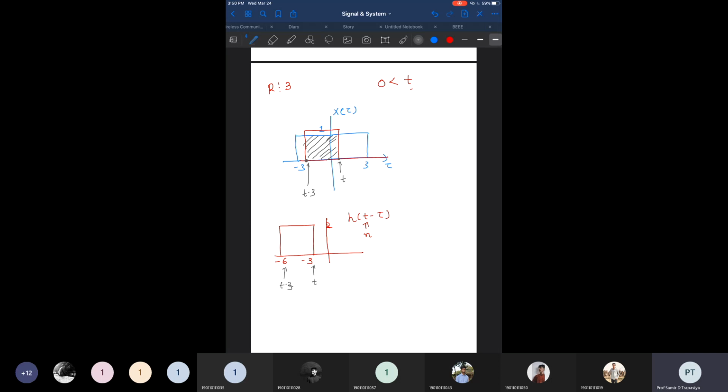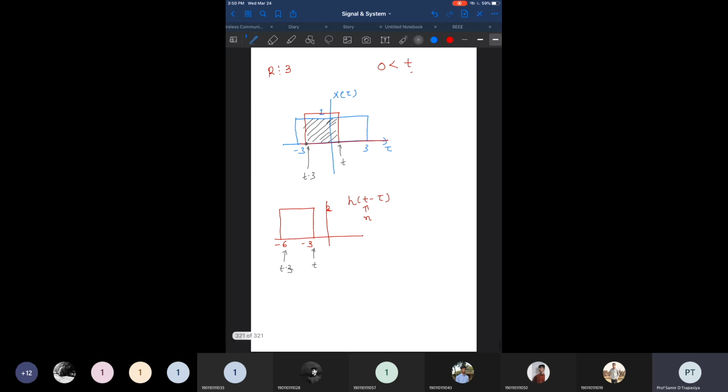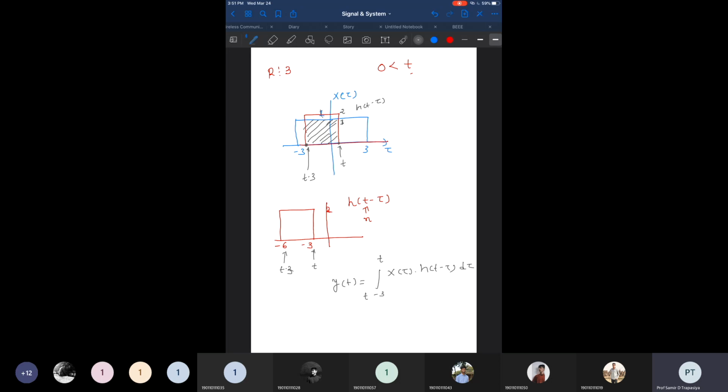So if we find y of t, y of t is basically bounded by t minus 3 and t, and here x of tau and h of t minus tau will be bounded. This amplitude is 2 and this amplitude is 1, with respect to d tau, where this is the h of t minus tau signal.